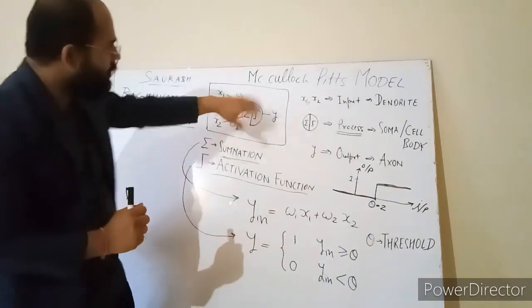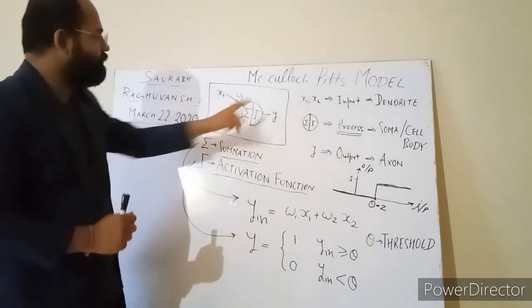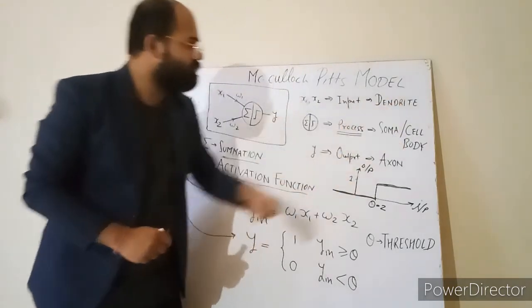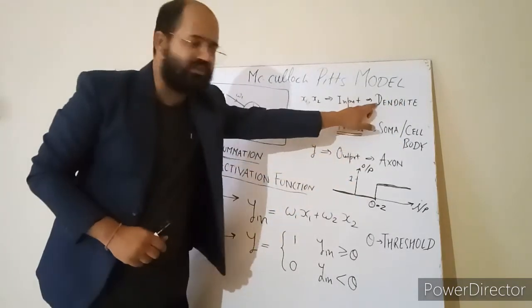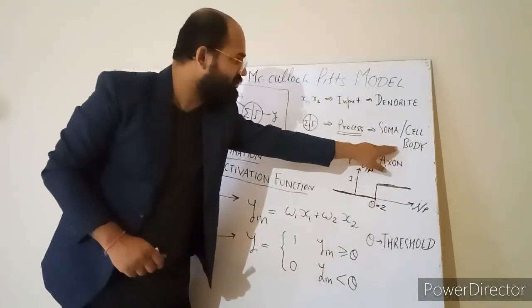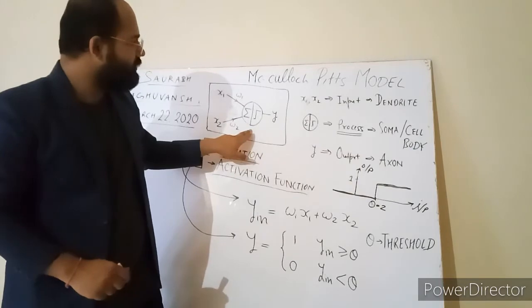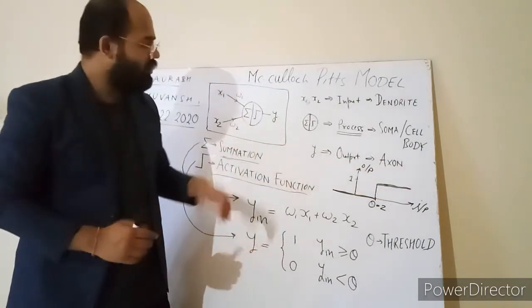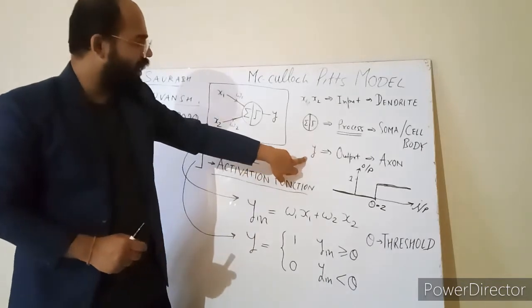X1 and X2 are the inputs, which are the dendrites in the neuron. The process in the soma, or the cell body, is done by this block, and the output we get in the axon of the neural cell is what we get here.